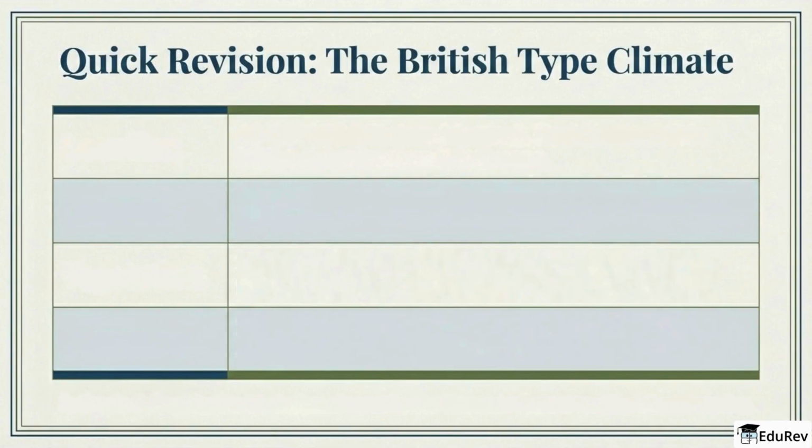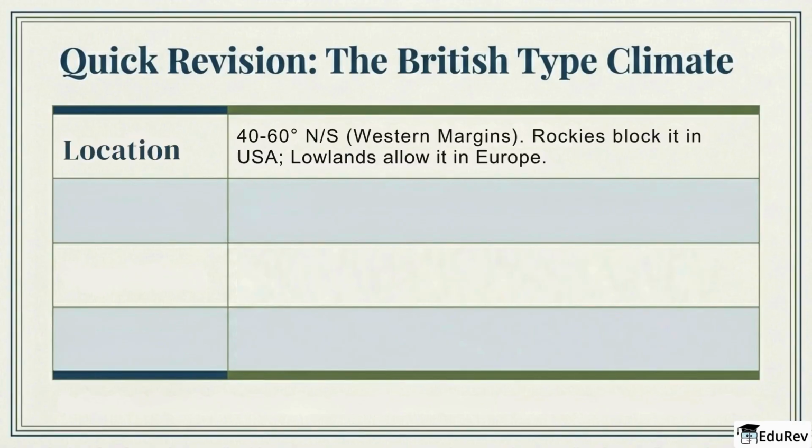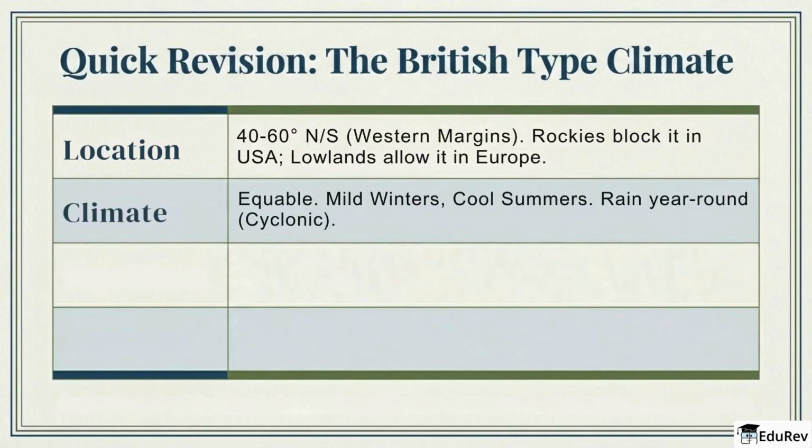Now lock the whole climate in one final frame. Location: 40 degrees to 60 degrees north and south on western margins. Distribution logic: the Rockies block it in the USA, but European lowlands allow it inland. Climate: equable, with mild winters, cool summers, and rain through the year, mainly cyclonic.